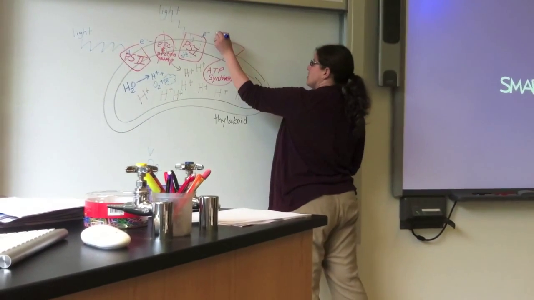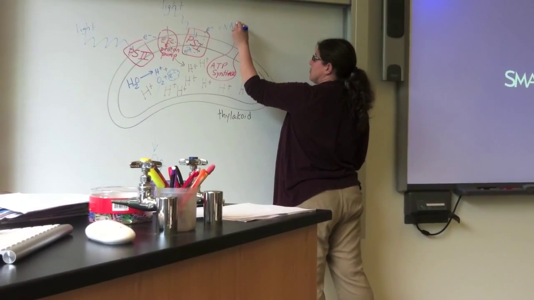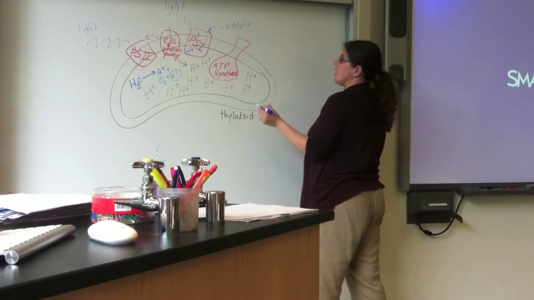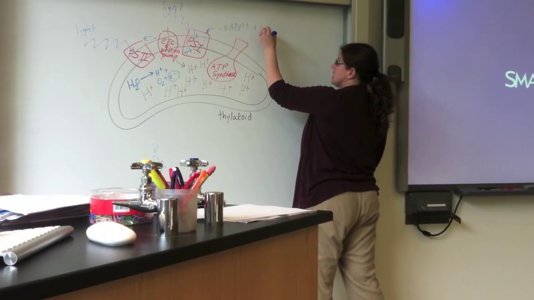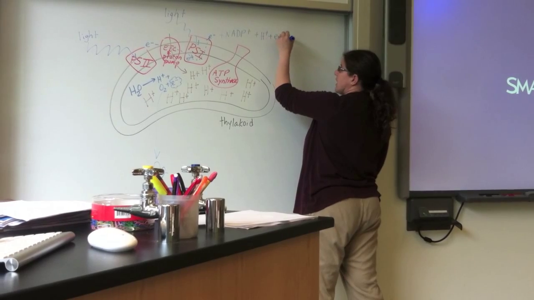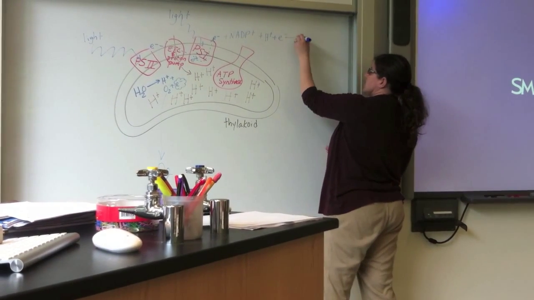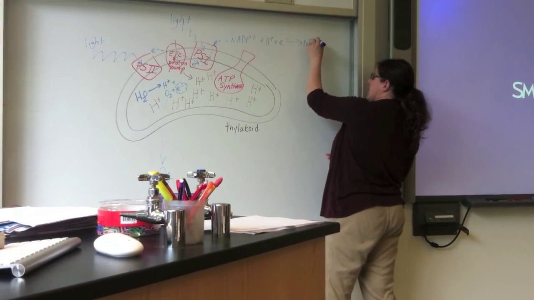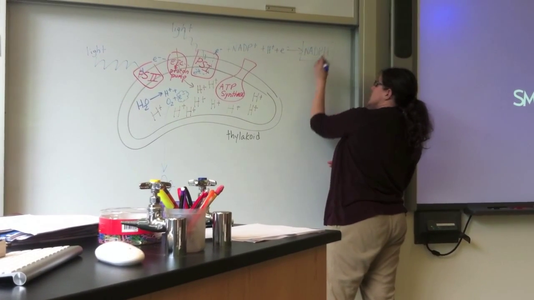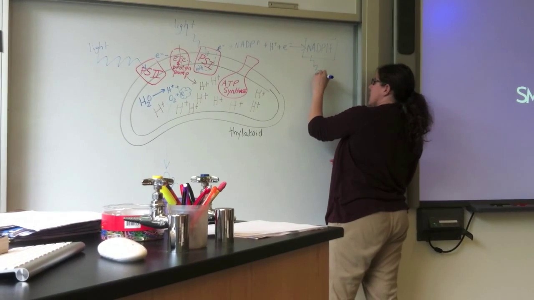And that is a molecule called NADP+. Okay? So NADP+ takes some hydrogen ions that were laying around, takes the electrons, and it becomes NADPH, which we know is going to go off to the Calvin cycle.